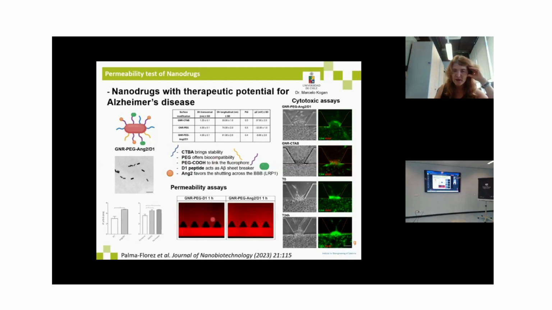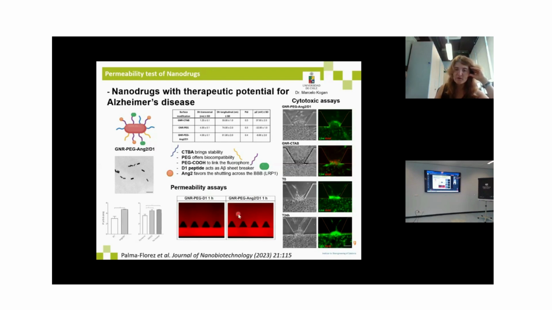Here in the permeability analysis, in red, you can see the good permeability of these drugs after 1 hour. In this case, it is with the absence of the angio2, the peptide that helps to cross the blood-brain barrier. And in this case, it is with the angio2, so you can appreciate the differences after 1 hour.